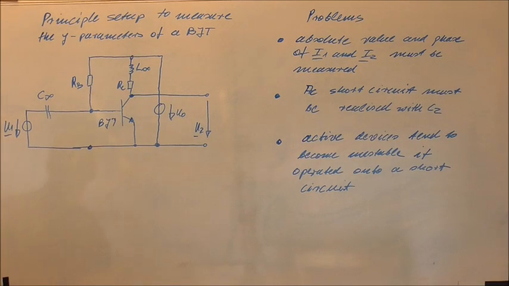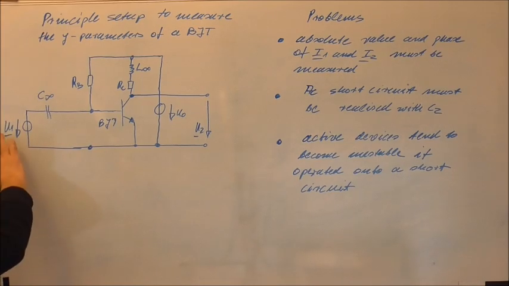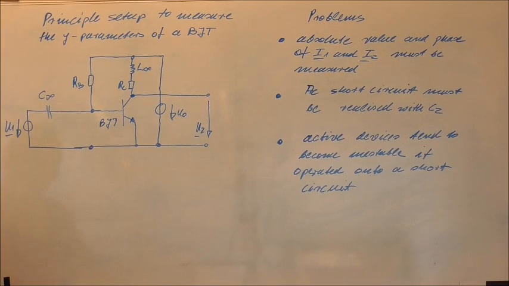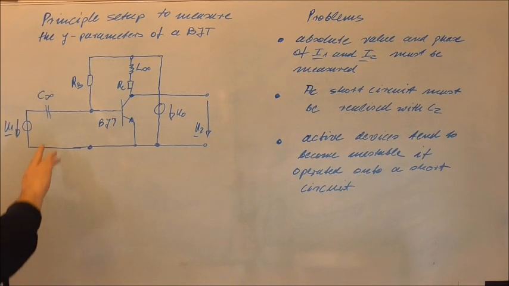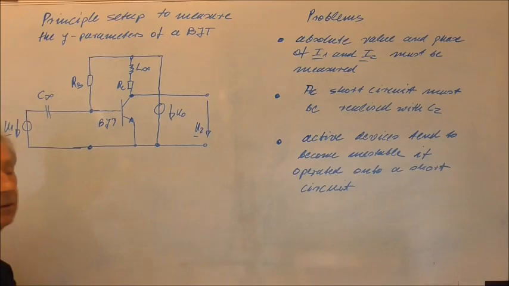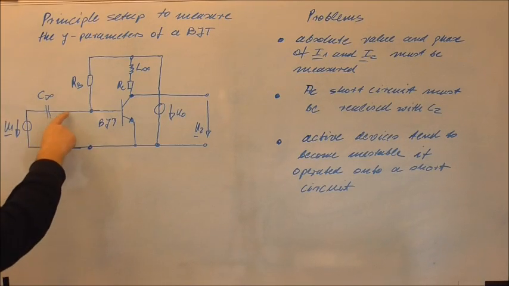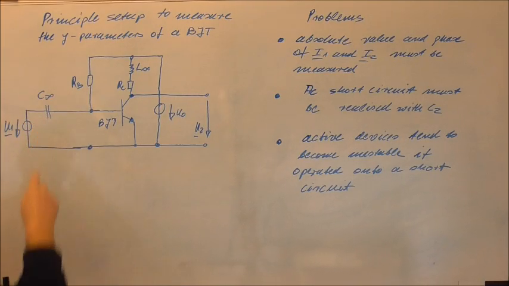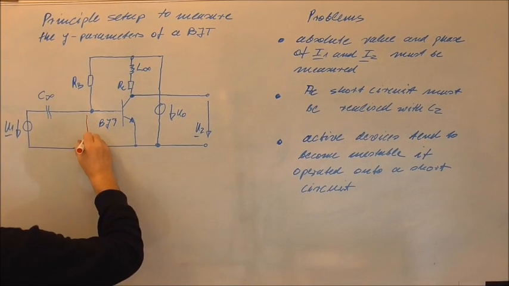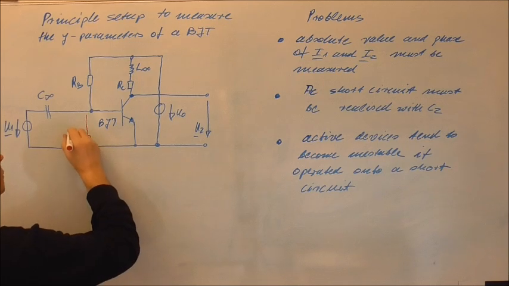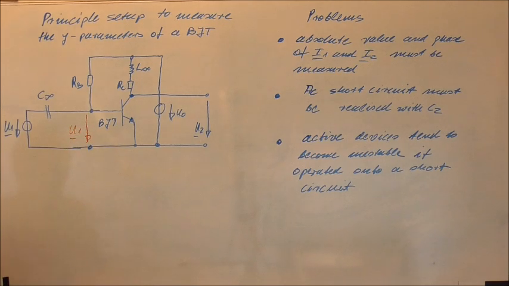And now, to feed our signal to the BJT, I introduced here a signal source U1. It's an AC signal source, and I assumed I can realize a capacitor with almost infinite value, and then we will also realize the AC voltage here, which is normally called U1.